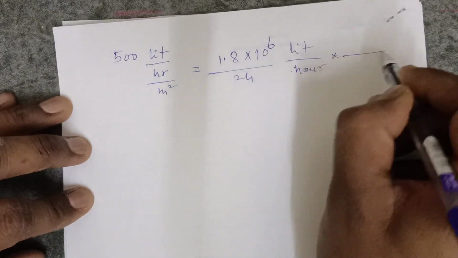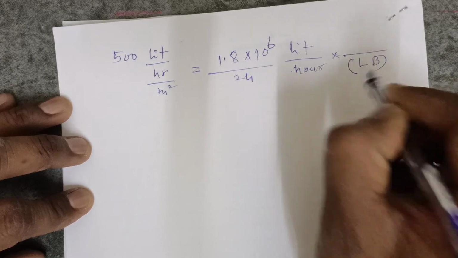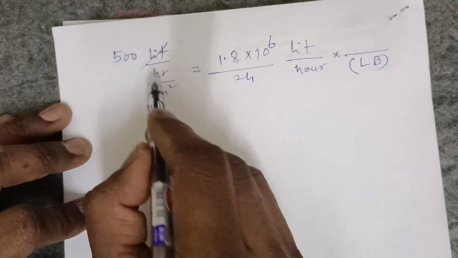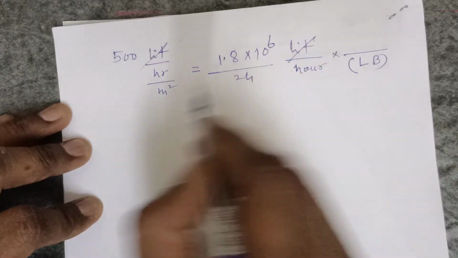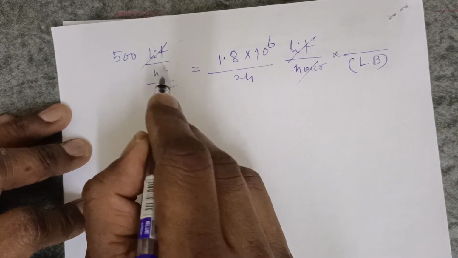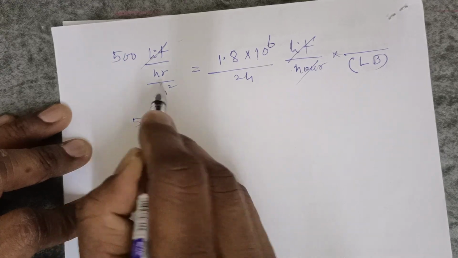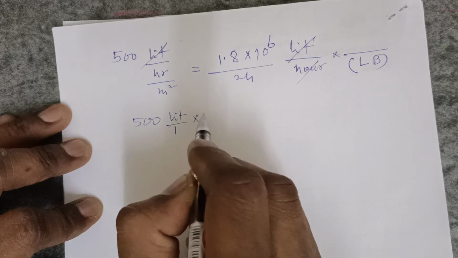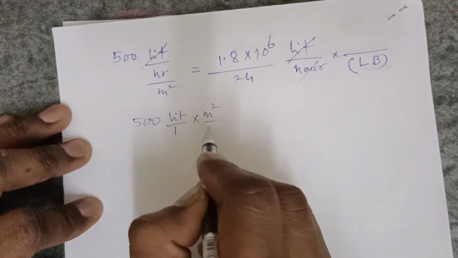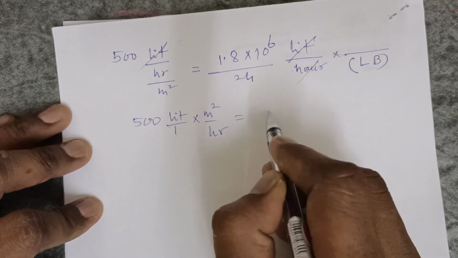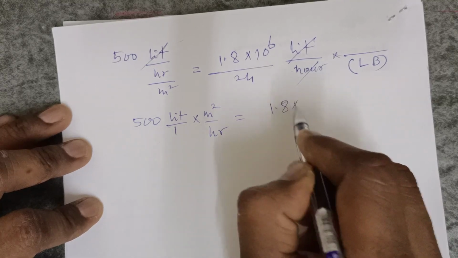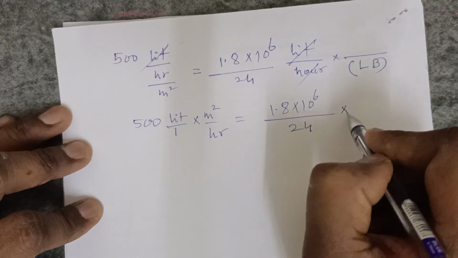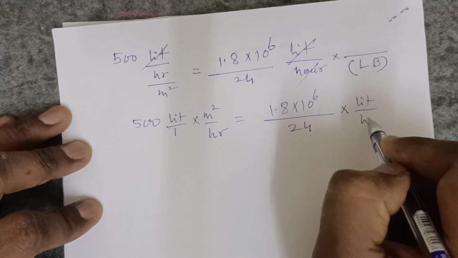And again here it was L into B. So this liter will cancel, then hour, see how it will be cancelled. 500 liter upon 1 into meter square upon hour, and this is equal to 1.8 into 10 to the power 6 divided by 24 into liter per hour.